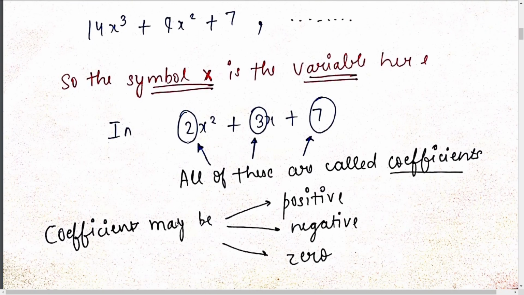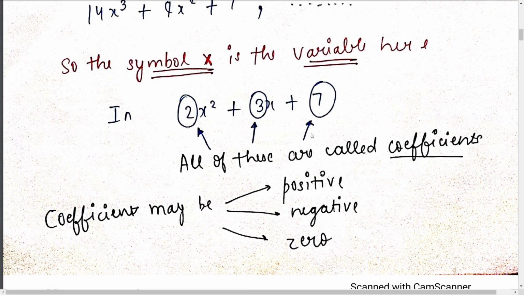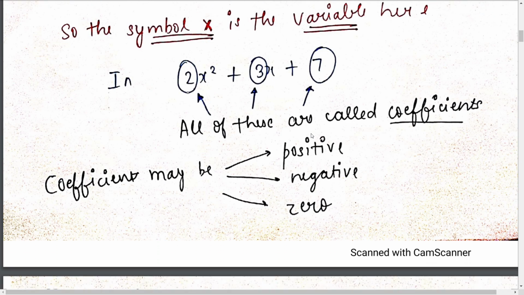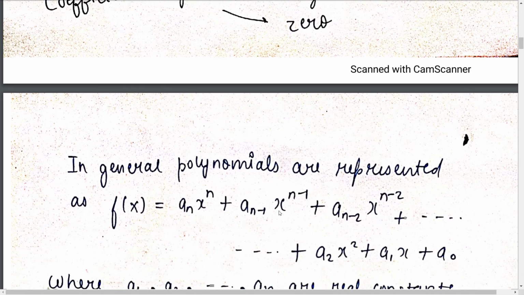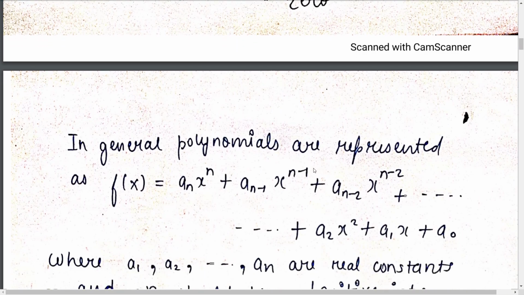Note, coefficients may be positive, negative, or 0. Here, coefficients are positive, plus 2, plus 3, plus 7. It may be the case coefficients may be negative. Even they can be fractions also. So basically, they are integers, fractions, anything. Okay, so now I come to the general definition of polynomials.